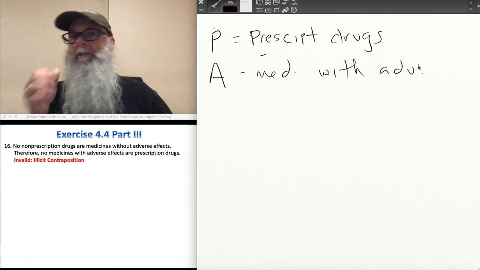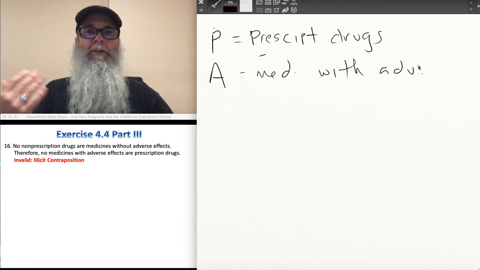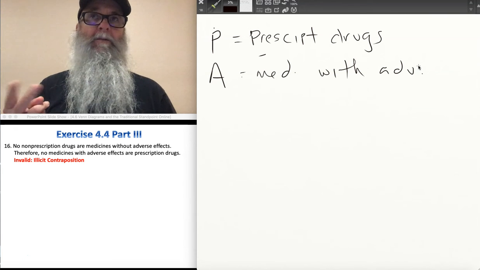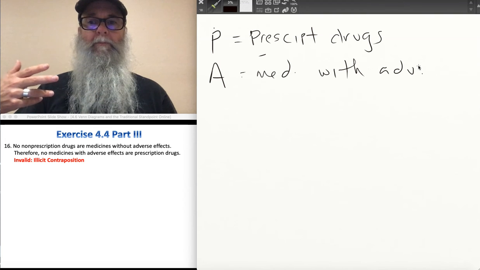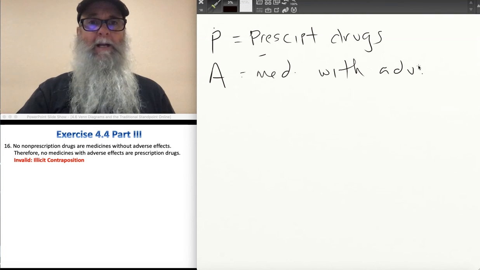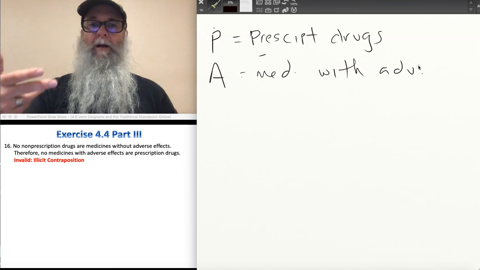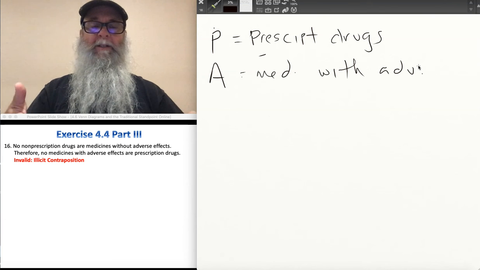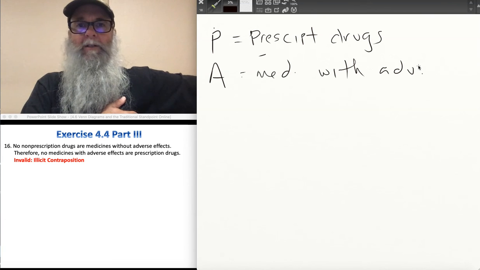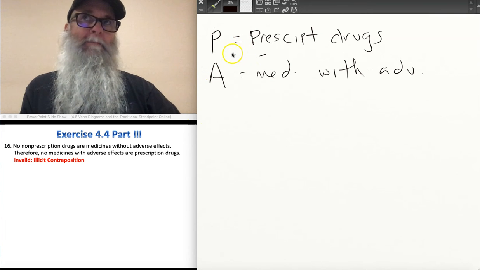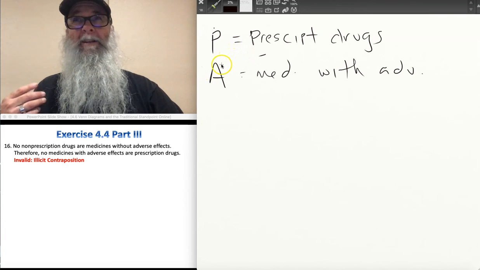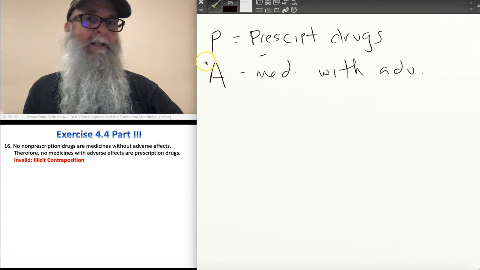Now, I'm going to always encourage you when you're deciding on your terms, if you've got term complements of one another, go with the one that is the specific category of things, right? So you've got prescription drugs, that's a specific thing, and then you've got all the other kinds of drugs, the non-prescription drugs. And so we're going to pick prescription drugs rather than non-prescription drugs as our term, because if we said non-prescription drugs, that's going to get funky.